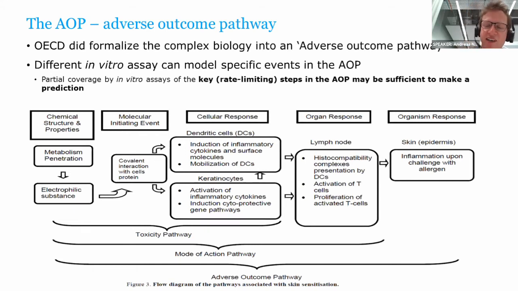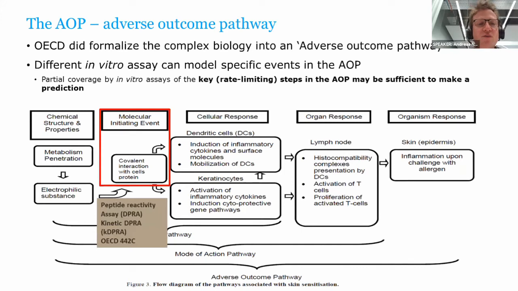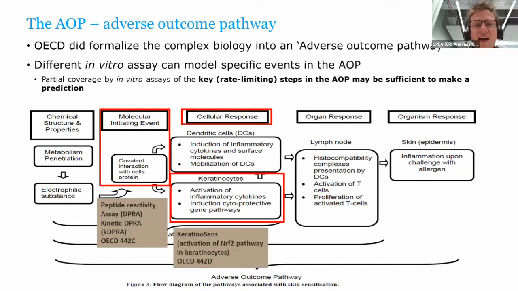And so far, there are three so-called key event-based test guidelines. One is for the covalent interaction with cell proteins, and then there is one for the activation of keratinocytes and inflammatory signals in keratinocytes, and then the induction of cytokines and surface markers in dendritic cells.